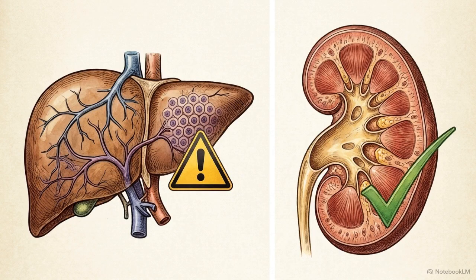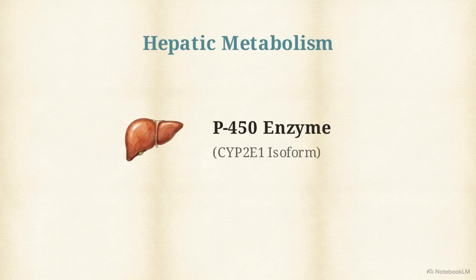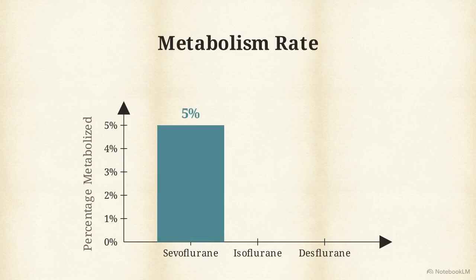There is a biochemical paradox at the center of sevoflurane administration. The drug undergoes heavy metabolism and yields known toxins, yet maintains an exceptional clinical safety record. Hepatic metabolism is driven by the liver enzyme P450, specifically the CYP2E1 isoform, processing the drug at an overall 5% rate. This chart compares metabolic rates.